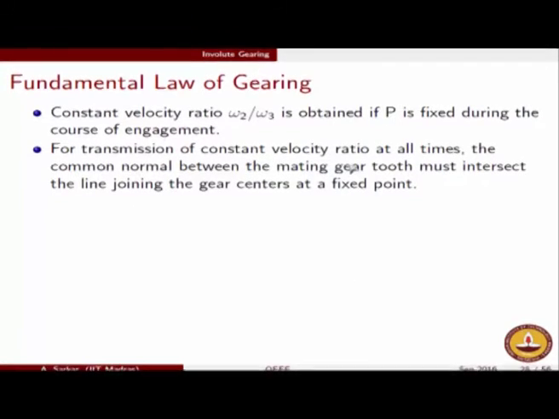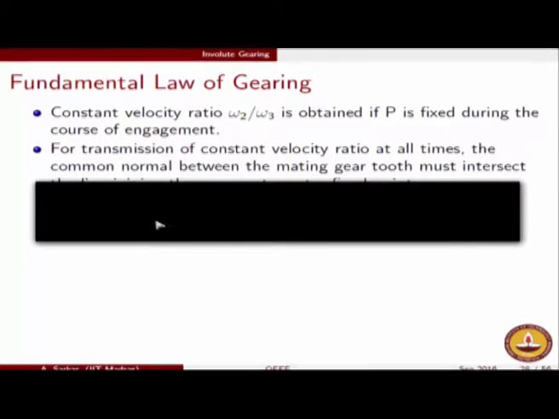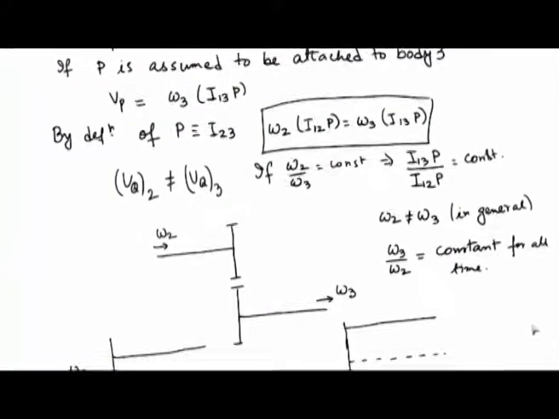So, as I said, for transmission of constant velocity ratio at all times, the common normal between the mating gear teeth must intersect the line joining the gear centers at a fixed point. Because if it does not, let us just try to illustrate what happens if this condition is not true. Let us say between two meshing gear teeth, this is one gear tooth at a certain instant.